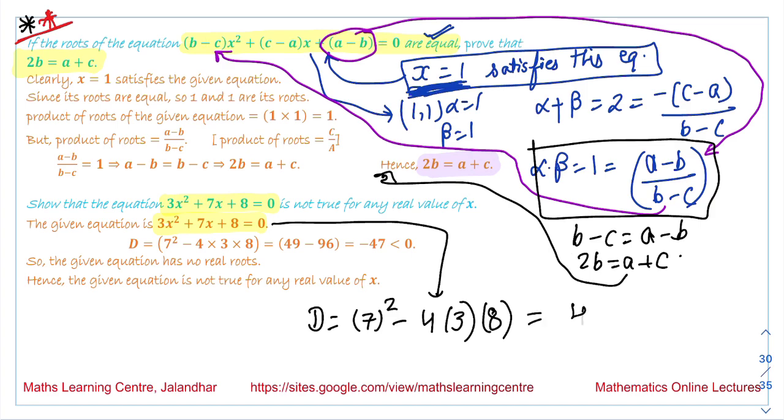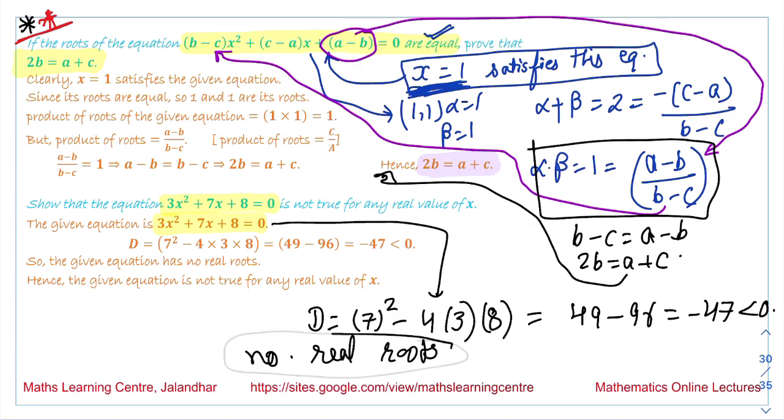So the answer you will get is 49 minus 96, which is minus 47, and this value is less than 0, it means it has no real roots. So we are saying that this equation is not possible for any real value of x. This is what we have to prove, that there is no real value of x which satisfies this equation.